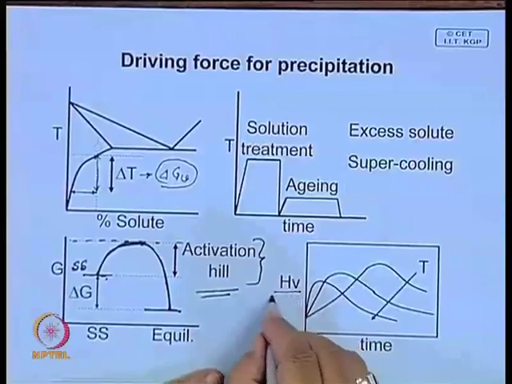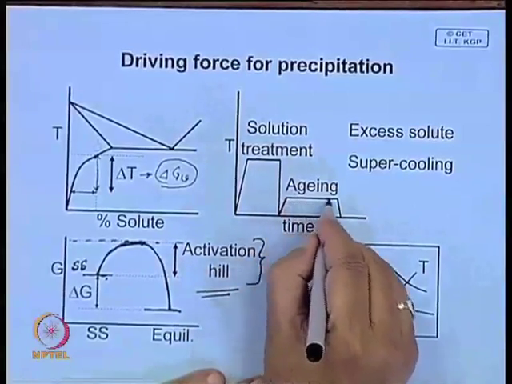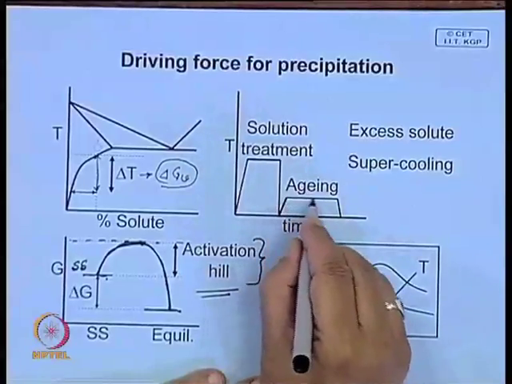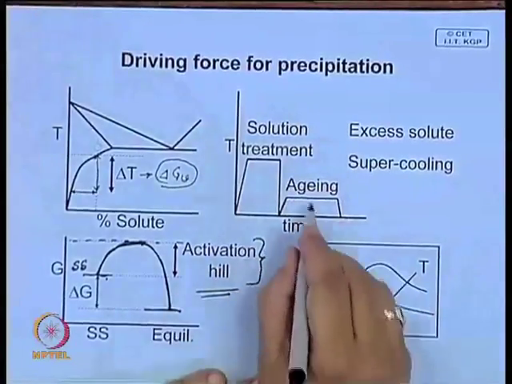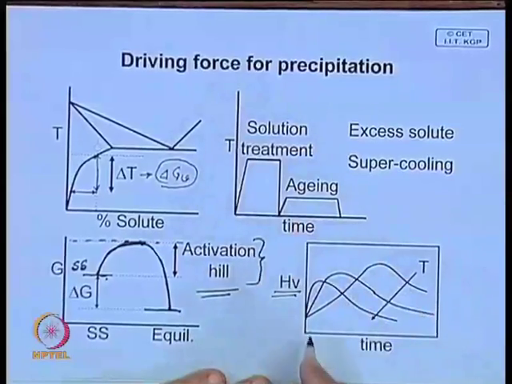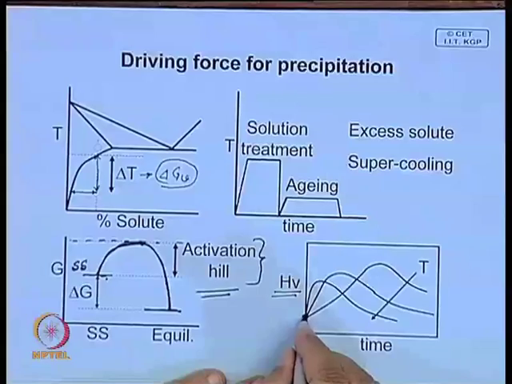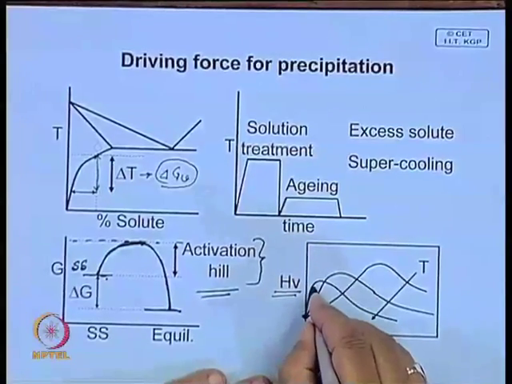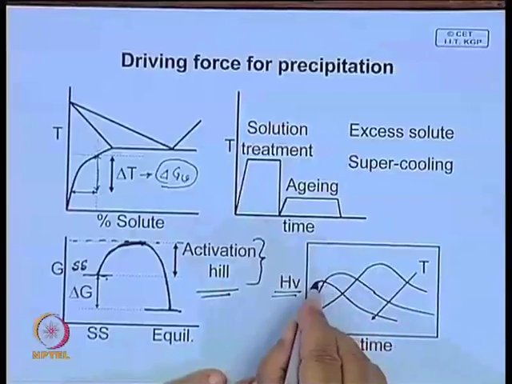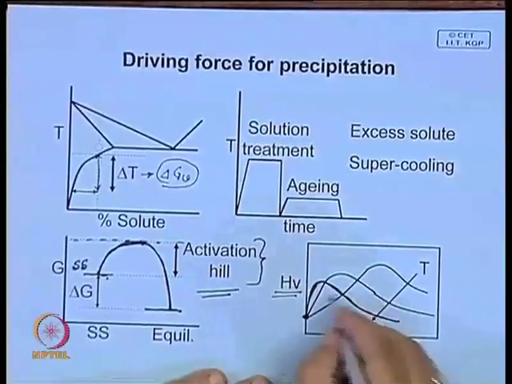This is the Vickers hardness, and if you measure the Vickers hardness at this particular temperature after aging for different lengths of time, then quench it to room temperature and measure the hardness, you may find, if this is your as-quenched hardness, and if you age, this hardness goes up, passes through a peak and then comes down.